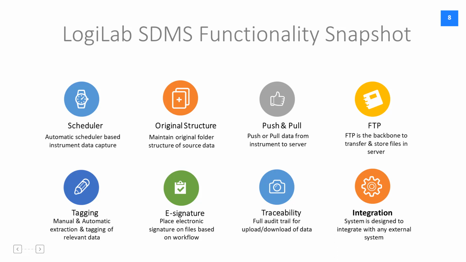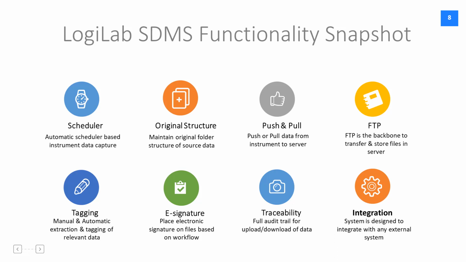Logilab SDMS also has a push and pull mechanism for pushing data from the source to the server, as well as pulling data from the server directly, so that you don't have to install anything on the instrument PC. All your data is being stored in an FTP server, which is the backbone for the entire system for file storage.